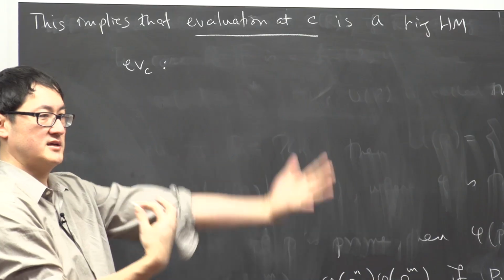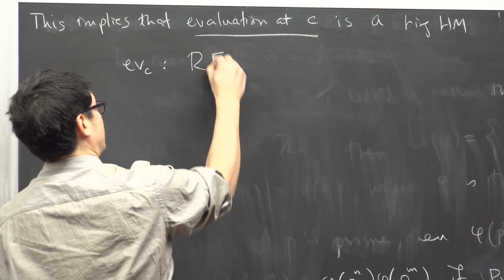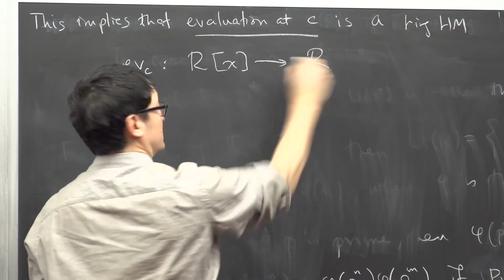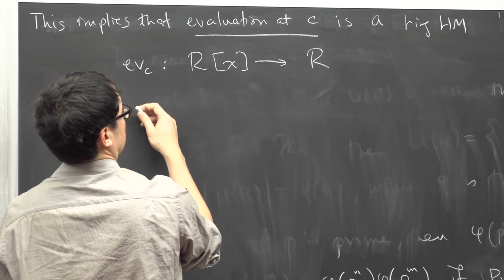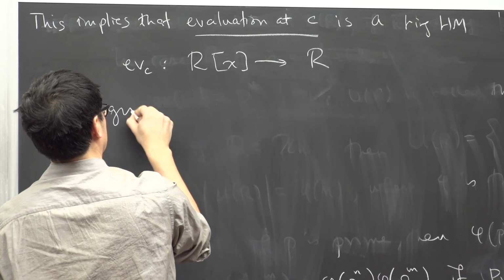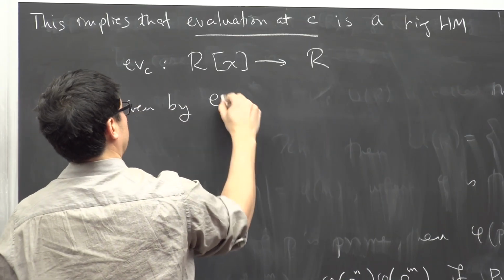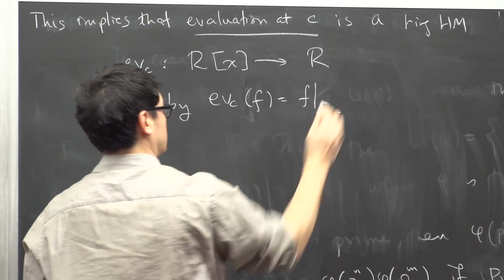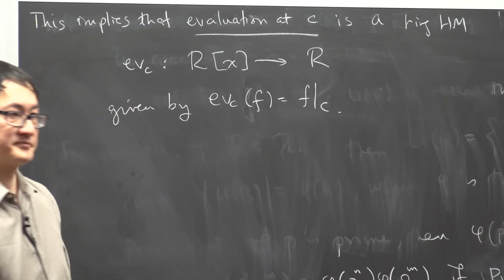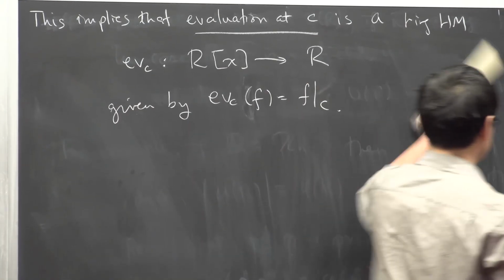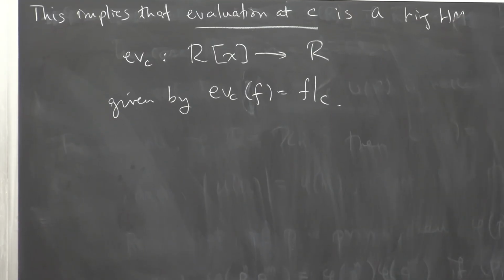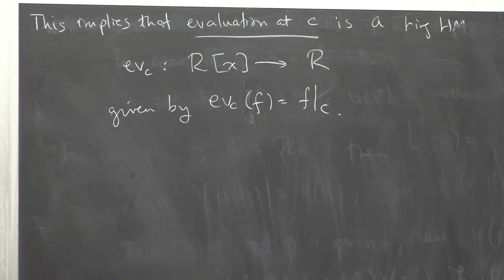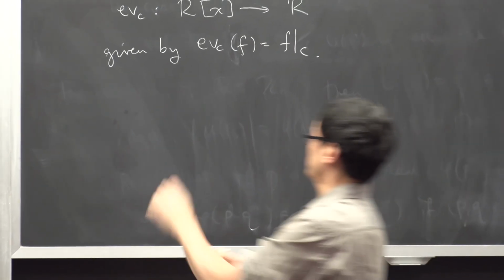I take a polynomial and I spit out an element of R, given by eval_c of f is equal to f slash c. That's all I mean. Make sense? Everybody okay with that? So that's an example of an important ring homomorphism.